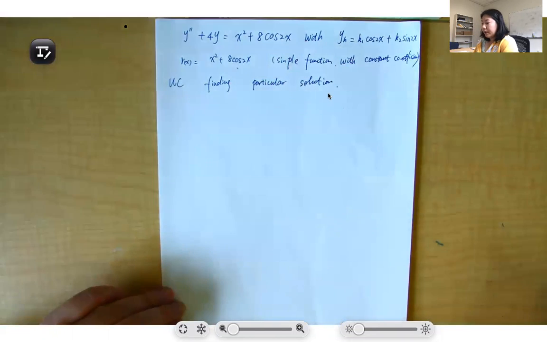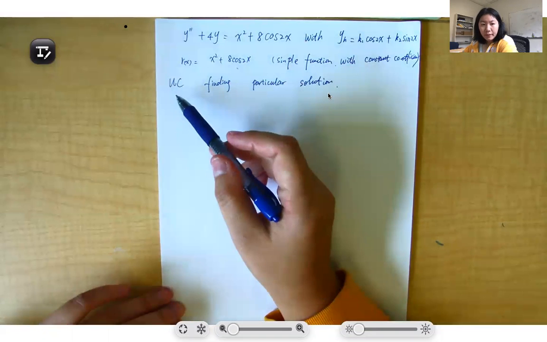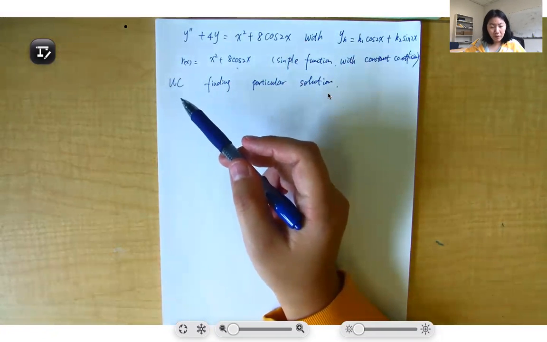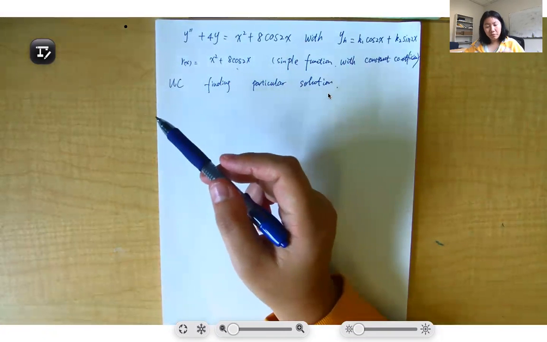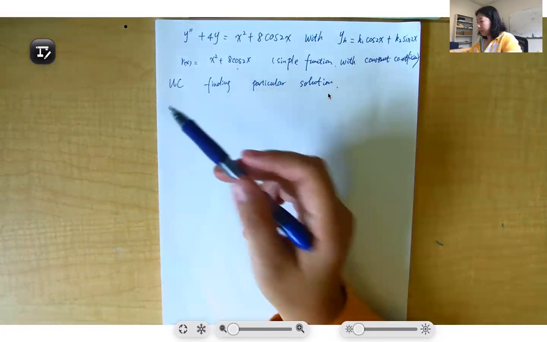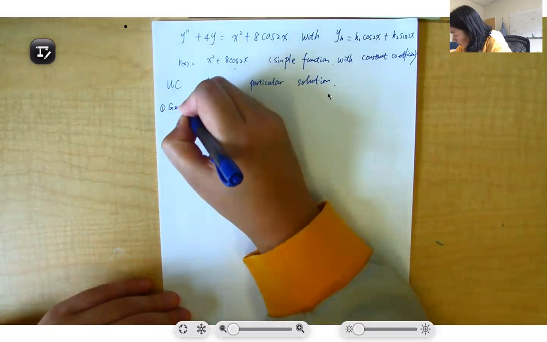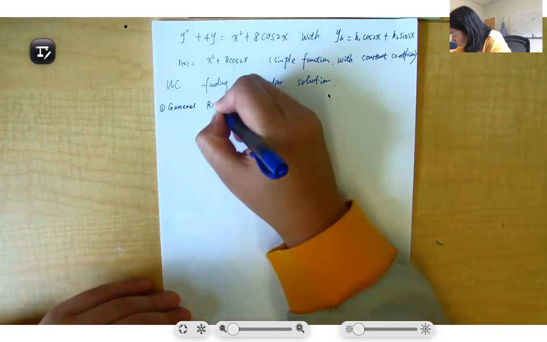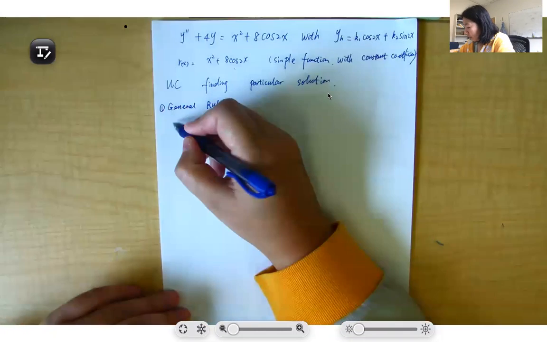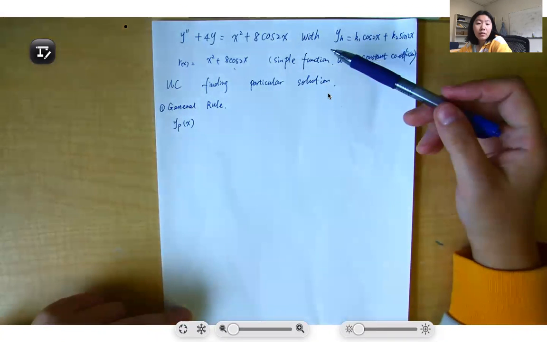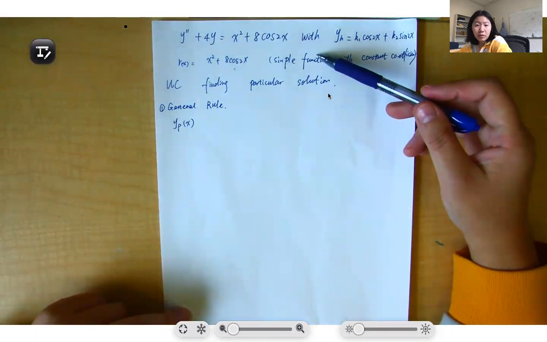Okay. And using the undetermined coefficient method, we have two rules. We will first use the general rule, and then we will use the special rule if the special rule is applied. Okay. So using the general rule, the general rule says that the particular solution format will be the same as the forcing function and all its derivatives.